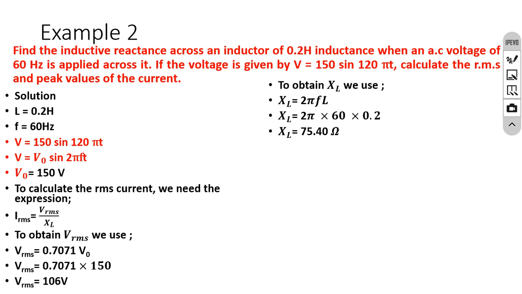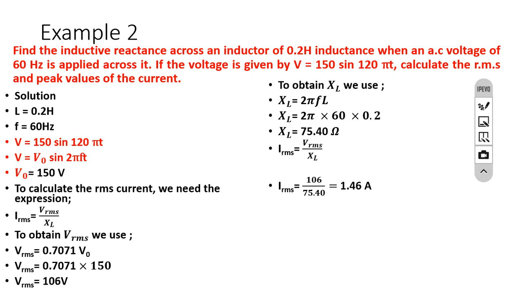So for us to get the root mean square current, we are going to substitute the value for XL and the root mean square voltage. Using this expression, we have done that. So this is our value of current. But we are not going to stop here because we were instructed to calculate root mean square and the peak value of current.